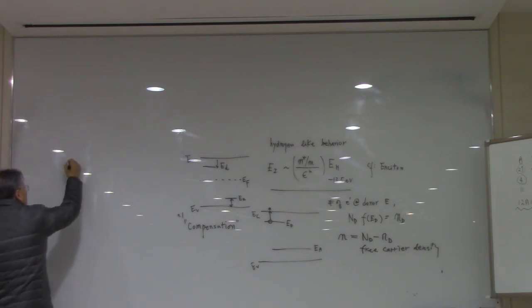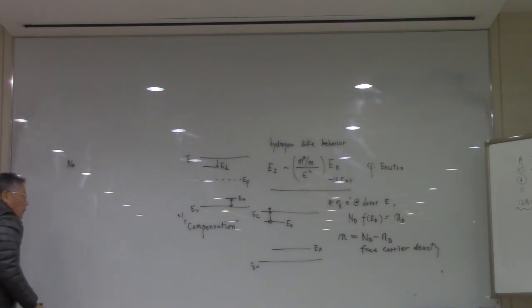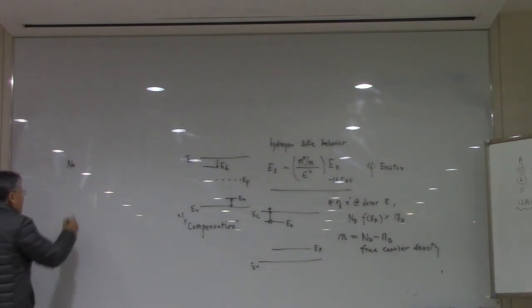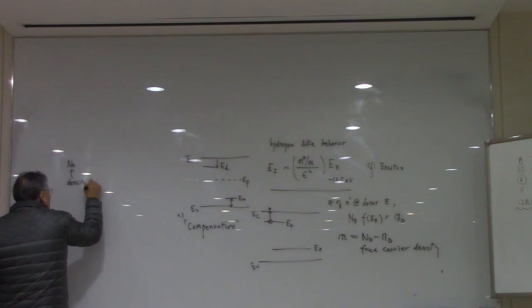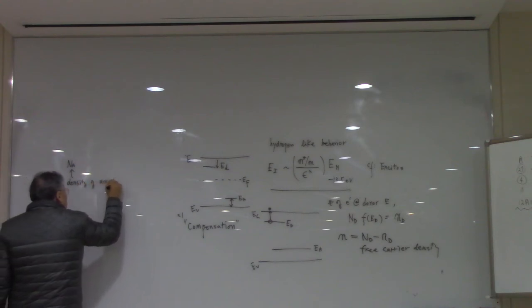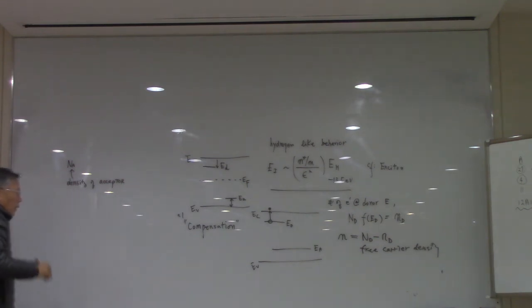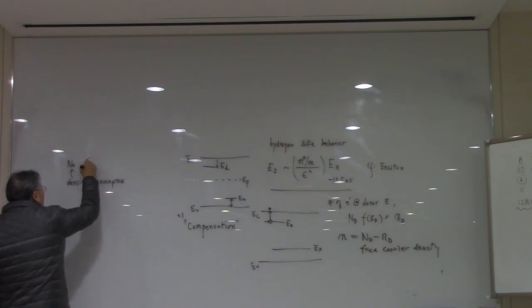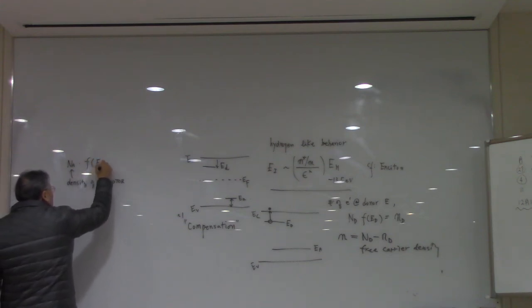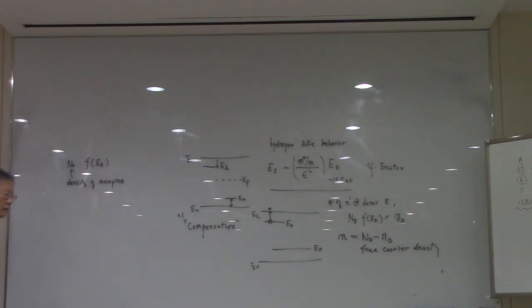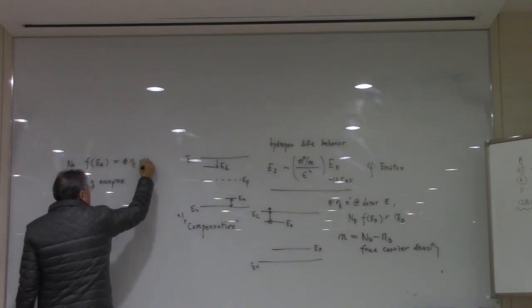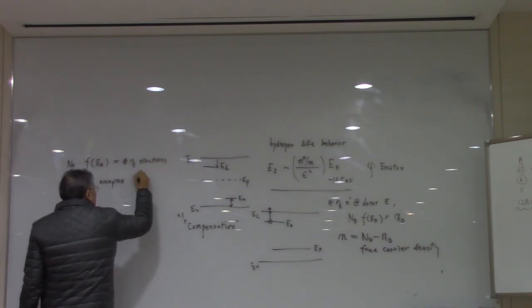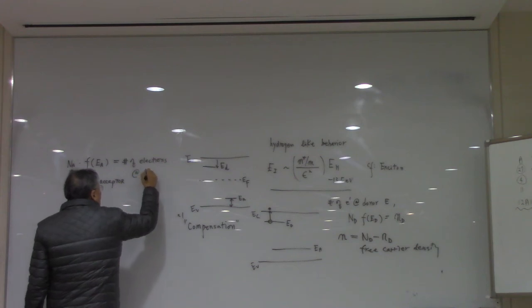And if you have a density of acceptors, and then you have Fermi-Dirac statistics at this acceptor level, then this is the number of electrons at the acceptor level.